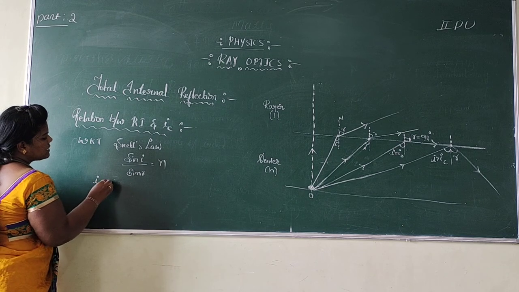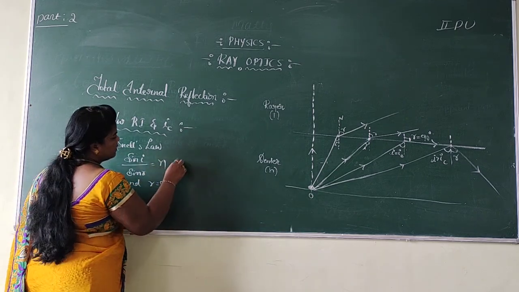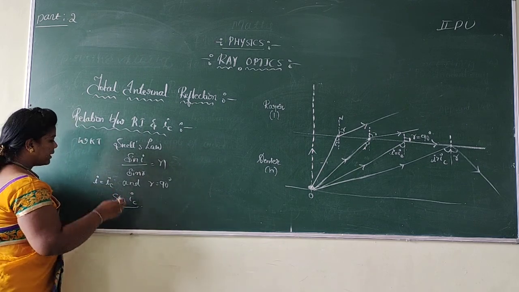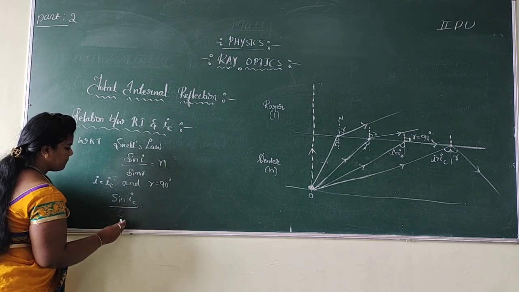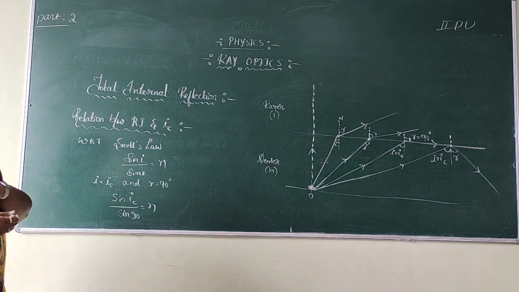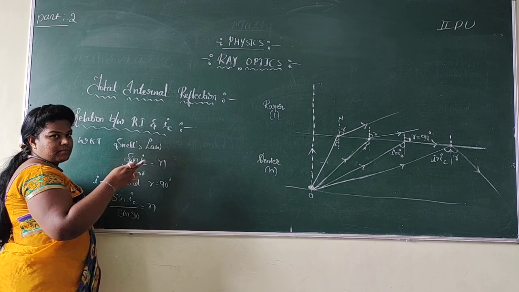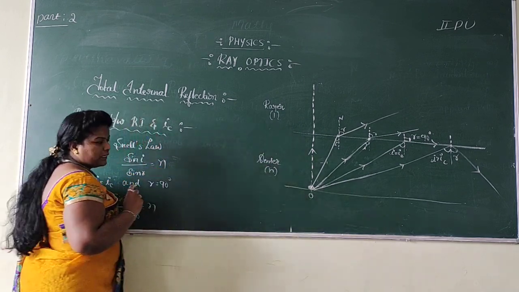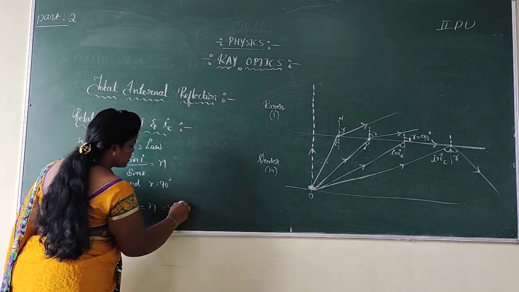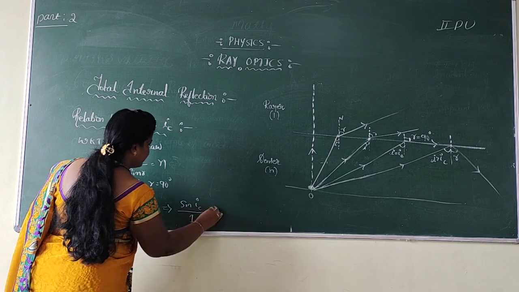Here in this case, I is equal to IC and R is equal to 90 degrees. Substituting, it becomes sin IC divided by sin 90, which is equal to N. Now the ray of light is traveling from denser medium to rarer medium, so we have two mediums, one with refractive index 1 and another with refractive index N. Sin 90 is 1.